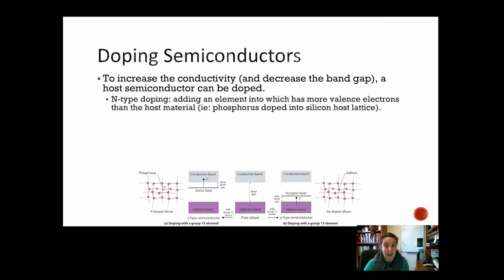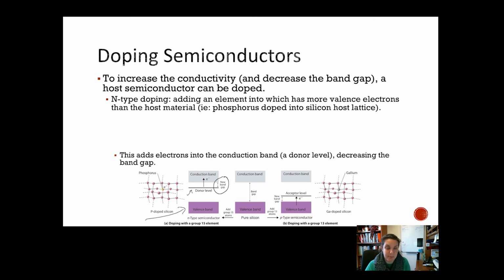Right here is where we see this. These donor levels are the valence electron energy levels within this substance, and then our band gap decreases. So we've added in a donor level, decreasing the band gap.